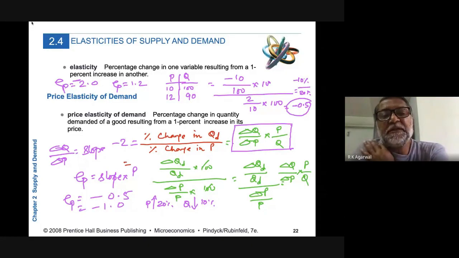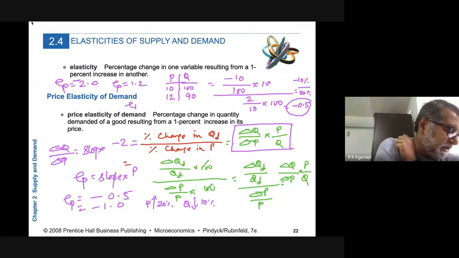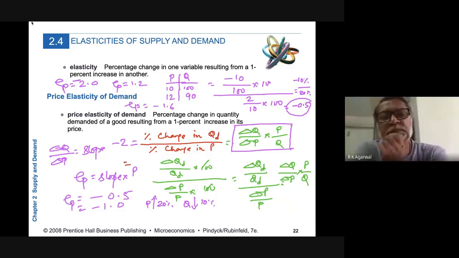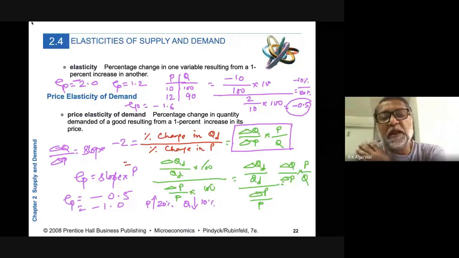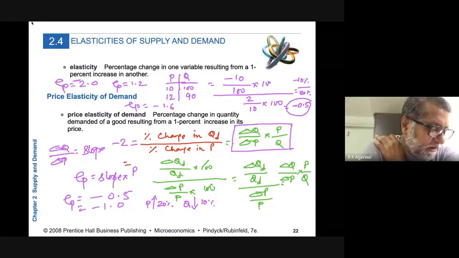That is 12%. 1.2 times 10% is 12%. What if elasticity is equal to minus 1.6? Then if price changes by 10%, the demand changes by 16%. So this is the interpretation of price elasticity of demand.